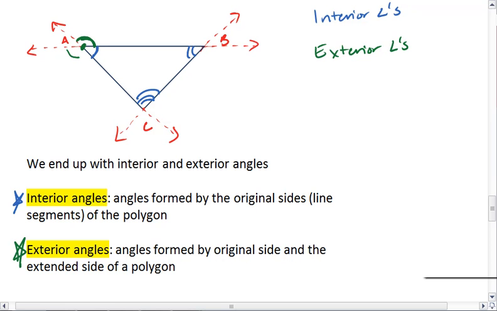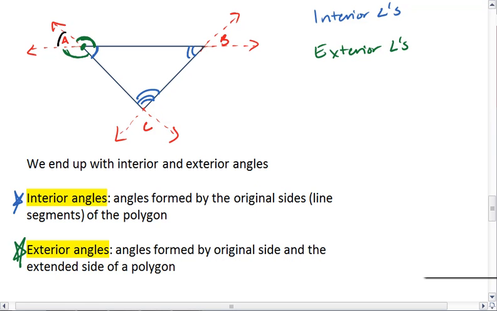We also have this exterior angle at vertex A. Notice this angle right here is not an exterior angle. So for an angle to be an exterior angle, the little arc that we draw must touch one of the original sides of our polygon.